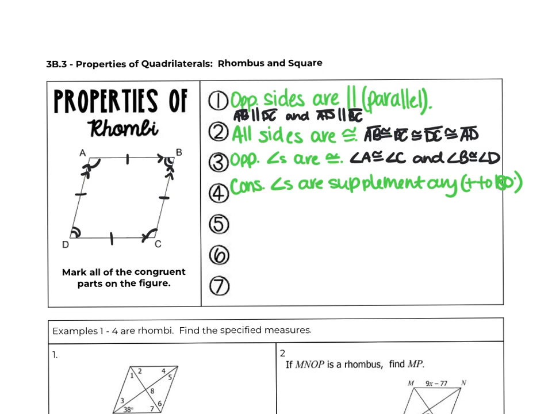So in this case, there are a lot of options. I'm just going to put a couple. Like angle A is consecutive to angle B. So angle A plus angle B equals 180. Or I could say angle A plus angle D equals 180.